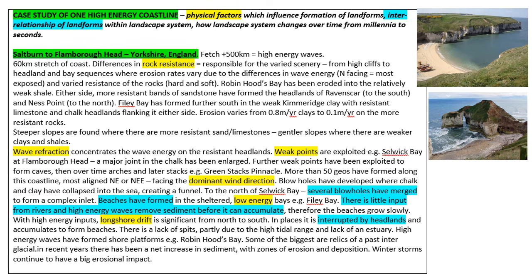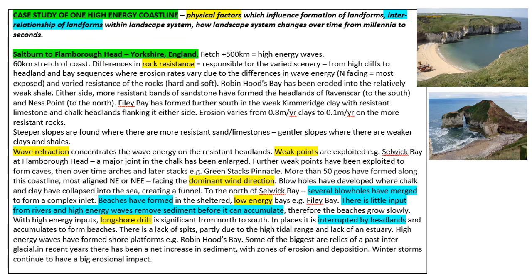Wave refraction has concentrated the wave energy onto the resistant headlands, and the weak points have then been exploited. So, for example, a major joint in the chalk at Flamborough Head has been exploited to form Selwick Bay. Further weak points have been exploited to form caves, and then arches, and then later stacks.